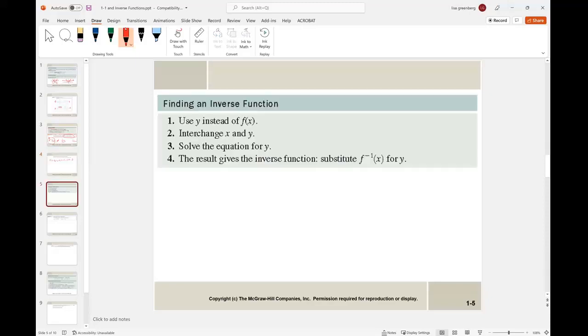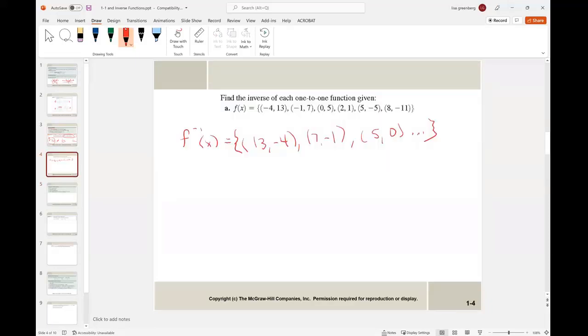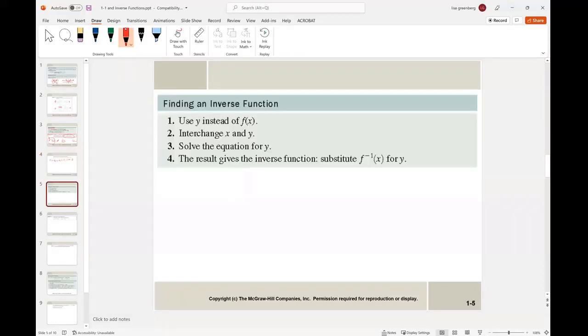Now, if I start with a function here, I just started with points, right? And I just changed the X and Y values. So here's basically what you're going to do. These are the steps we're going to use when we want to find an inverse function. If it has an F of X, we're just going to use Y. It's just easier for the algebra. There's no other reason for it.